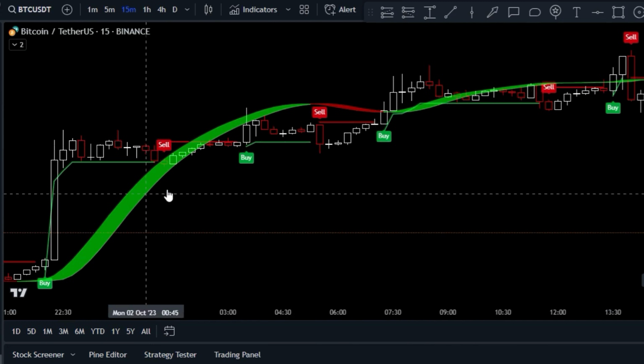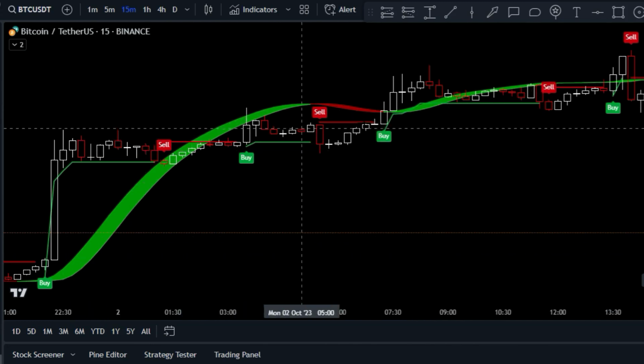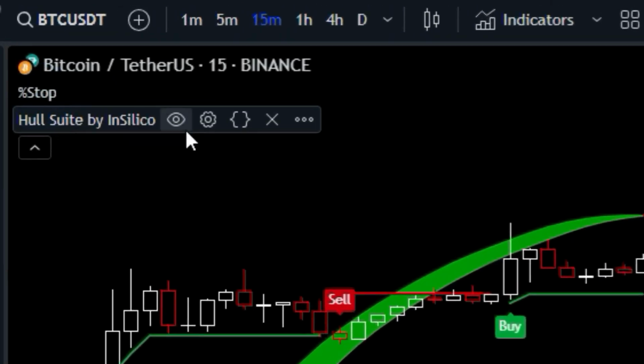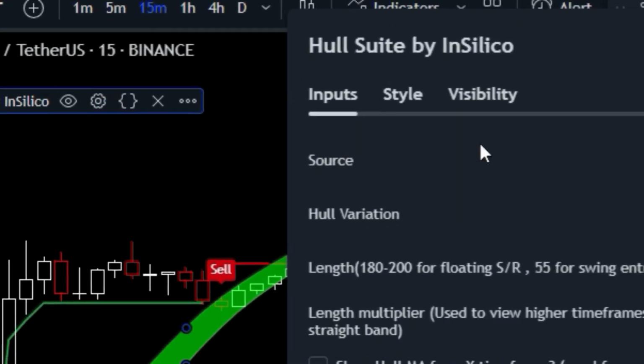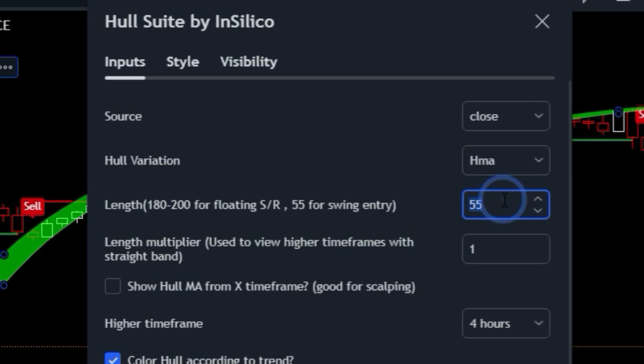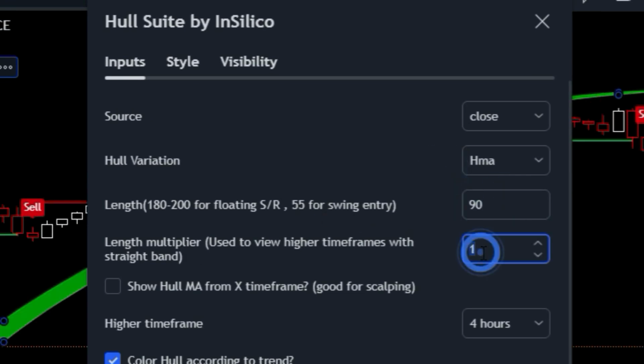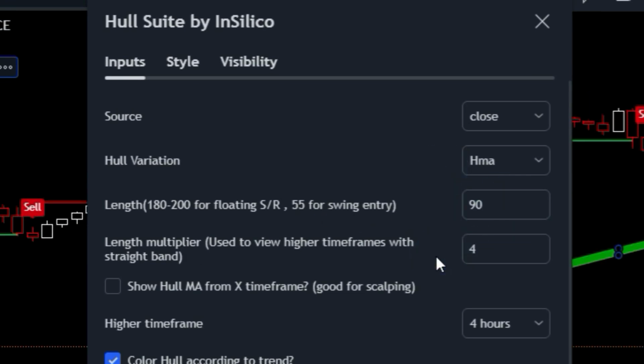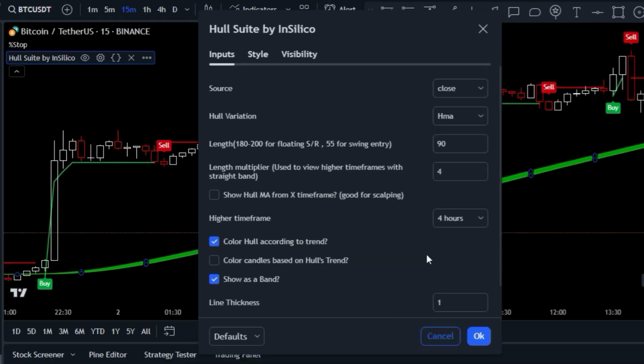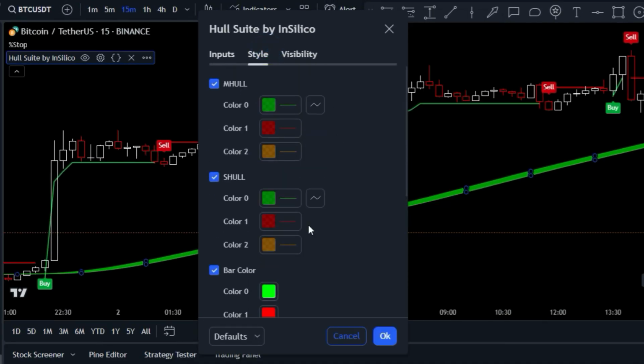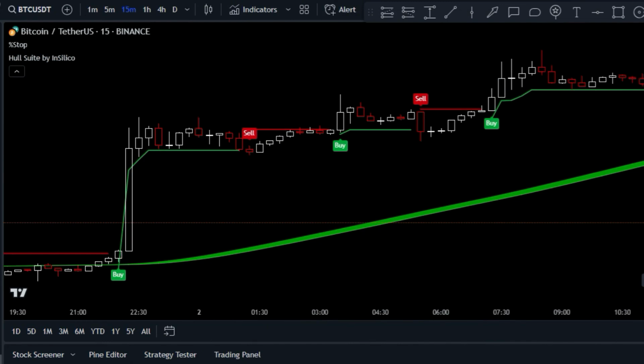Before we put it into action in our strategy, we need to fine-tune it. Think of it as custom tailoring to ensure it fits perfectly. Now, thanks to these tweaks, the whole suite indicator helps us spot market trends effortlessly.